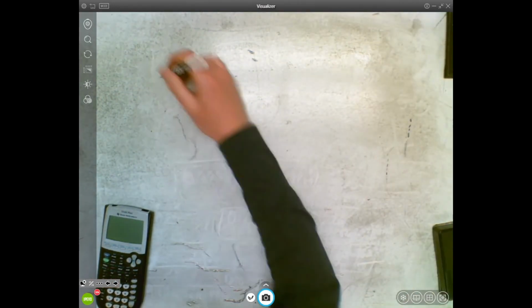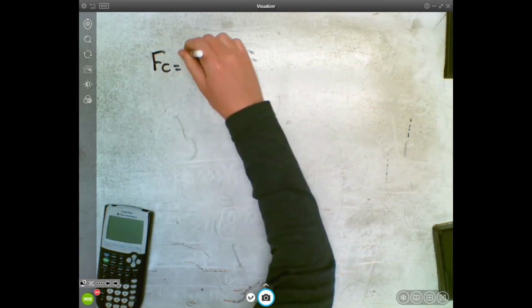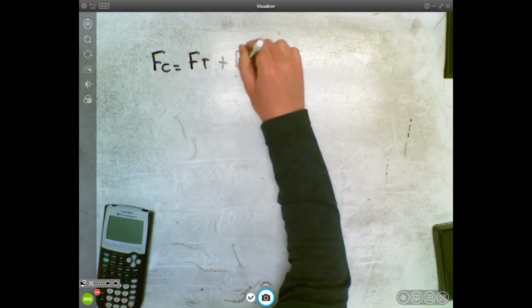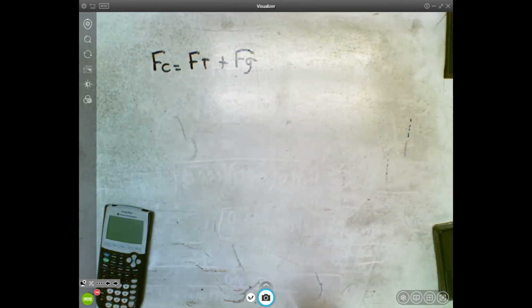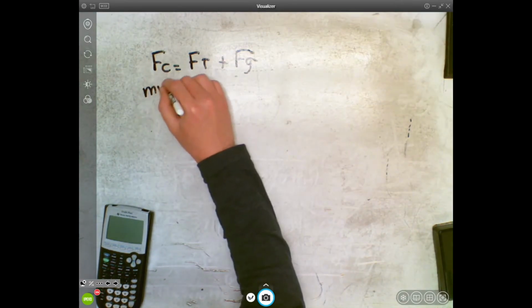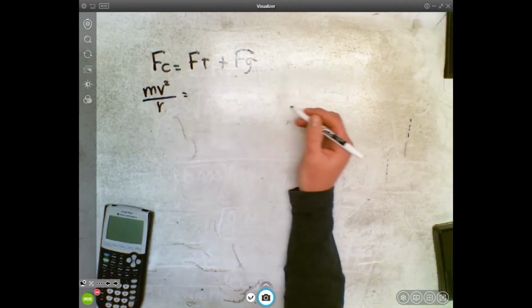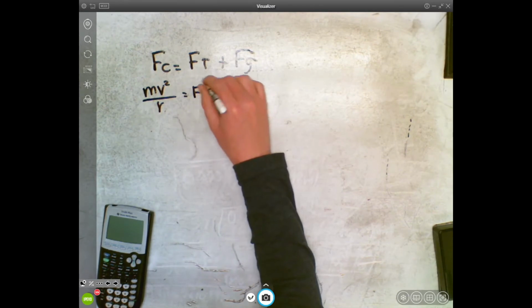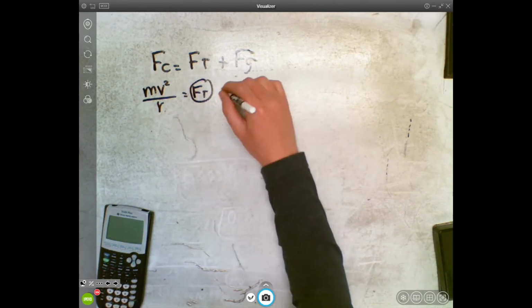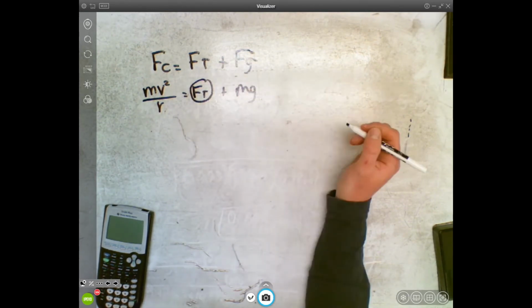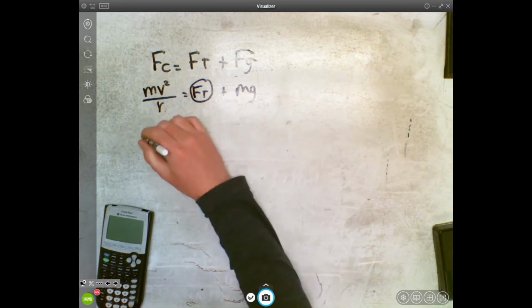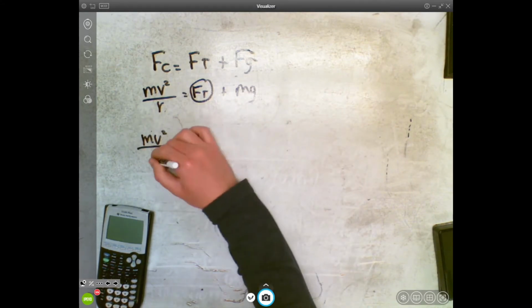Okay, so we start off with our FC equation, much like an FNet equation. And because they give us a speed, we can break this down into mv squared over r. Right? Force of tension is what we're trying to find. That's our apparent weight. And this I can break down into mg. So if I'm trying to find force of tension, I have mv squared over r.